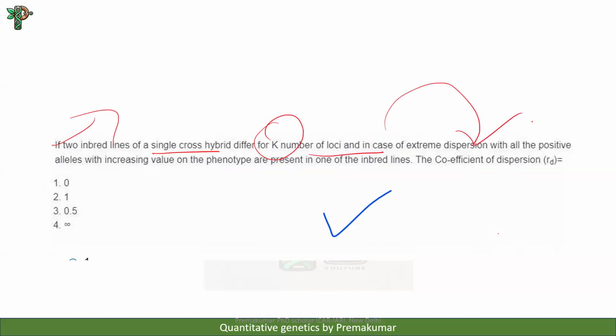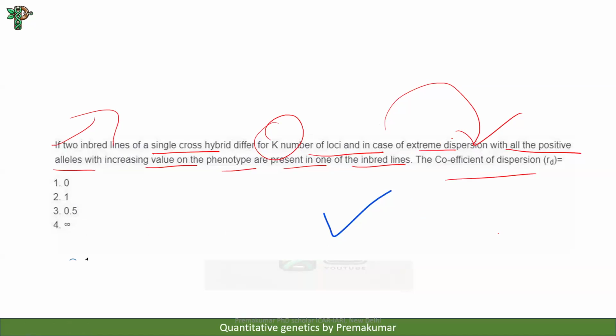Then, if two inbred lines of a single cross differ for k number of loci, in case of extreme dispersion, what will be the coefficient of dispersion?